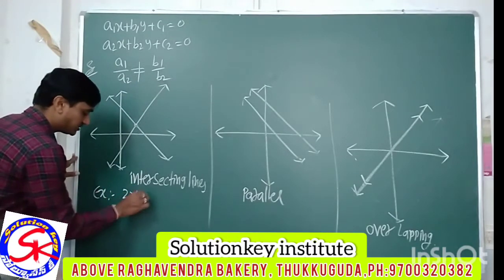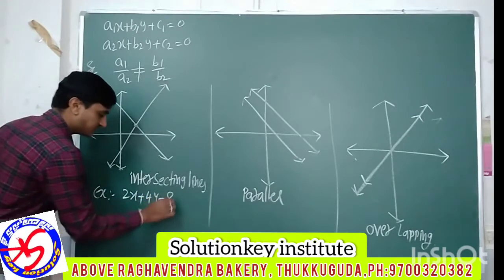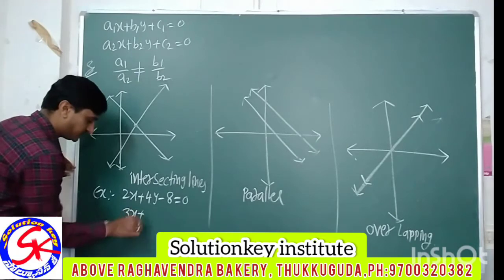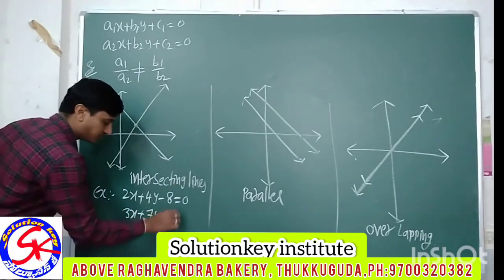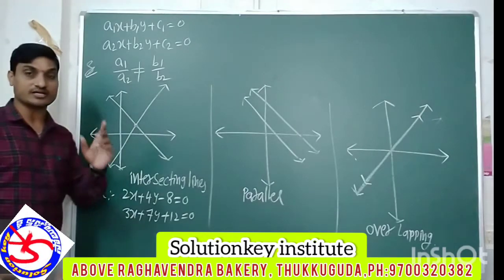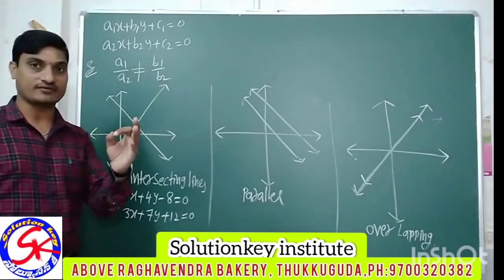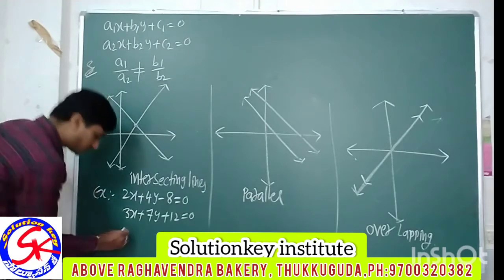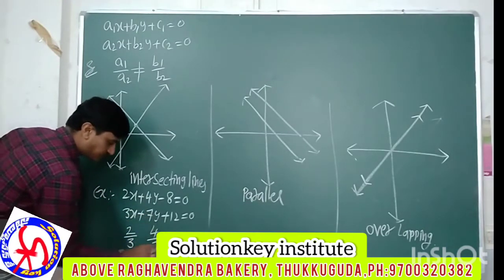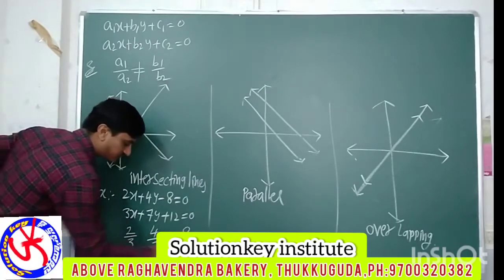For example, 2x plus 4y minus 8 is equal to 0, and 3x plus 7y plus 12 is equal to 0. Observe the numerical values. First 2 by 3, 4 by 7, and minus 8 by 12.